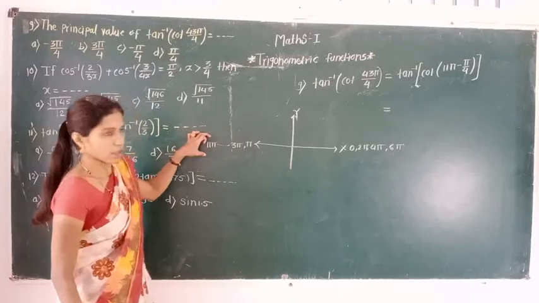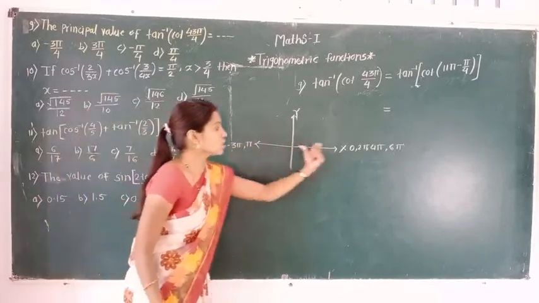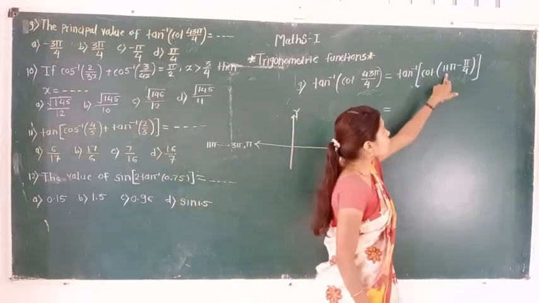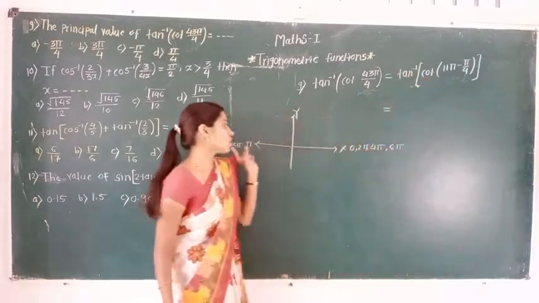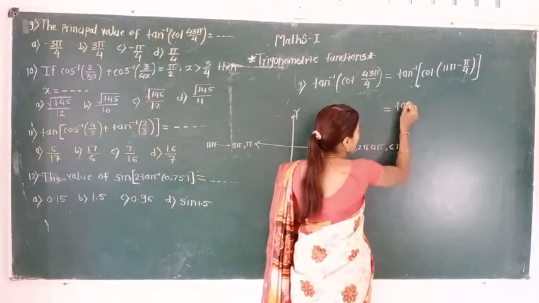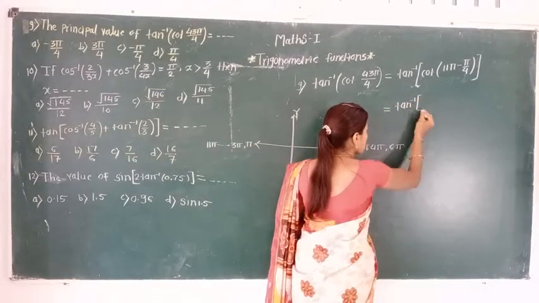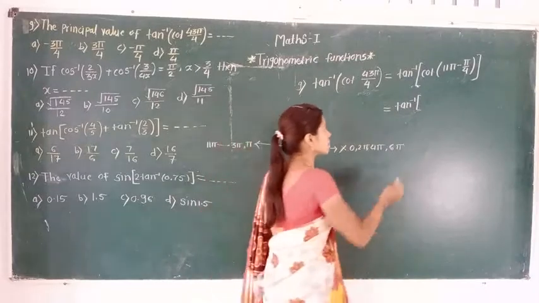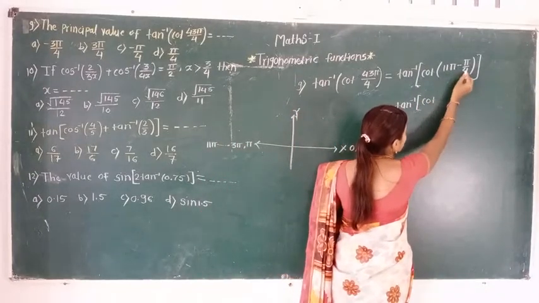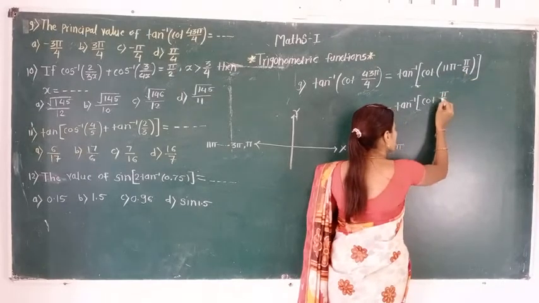So 11 pi, this angle lies on the x-axis, and we know that by using the allied angle, the trigonometric function remains unchanged on the x-axis. So in that case we can write tan inverse of cot as it is, cot, where 11 pi minus theta, theta is pi by 4.